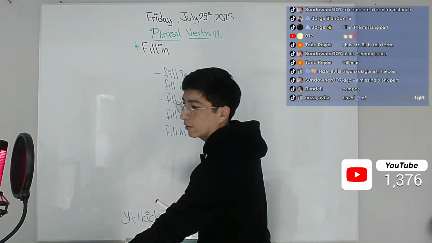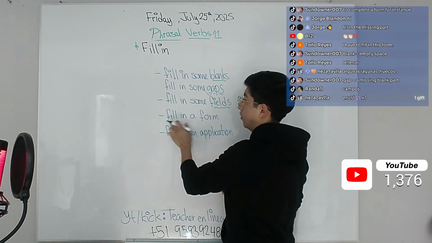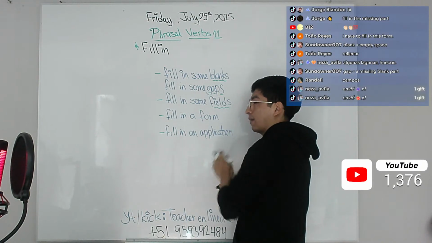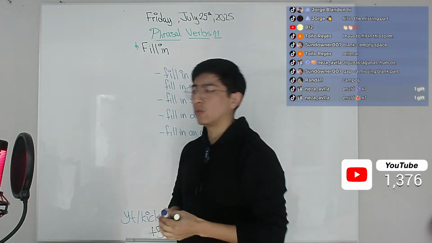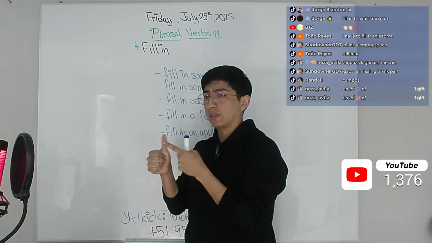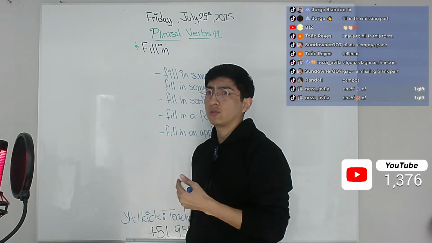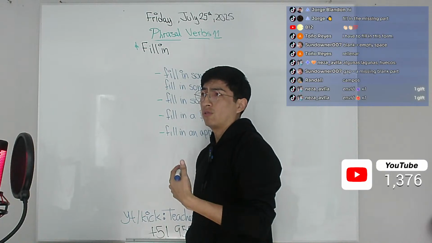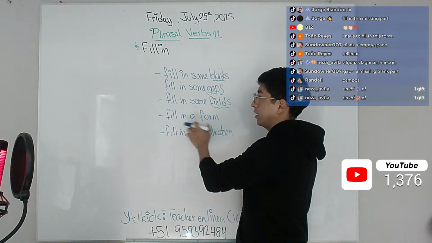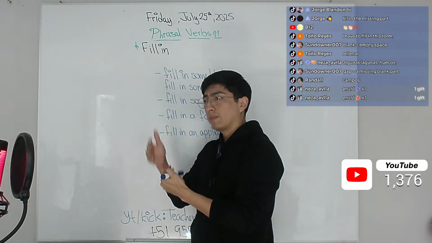In this case, you are asked to complete a document, a form or an application. This is very common when you are applying for a job, or maybe when you want to apply to the university or to college, you need to fill in a form. It has your name and your personal information.